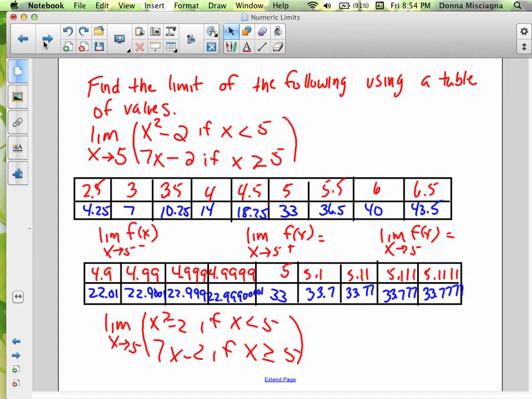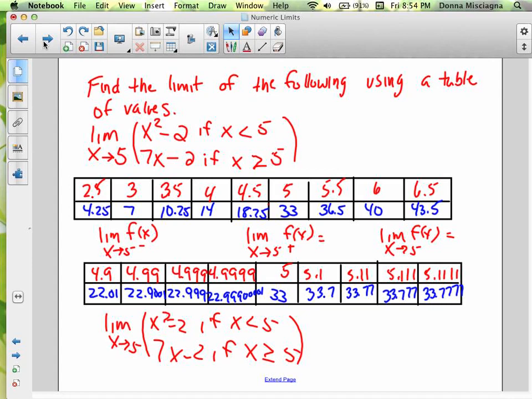Once we get to 5, we plug into 7x minus 2, and that gives us 33, 36.5, 40, and 43.5. So is the limit equal to some value? What's the left-hand limit? What's the right-hand limit? It's hard to tell because we're not very close to 5. So let's get closer to 5 and see if we can tell.